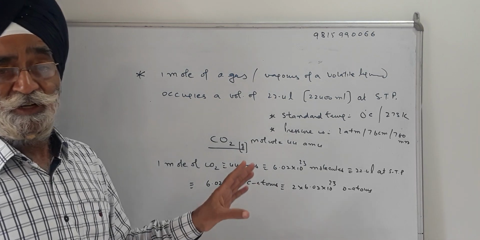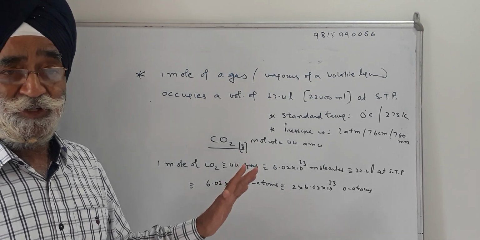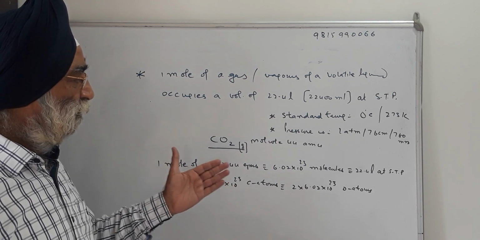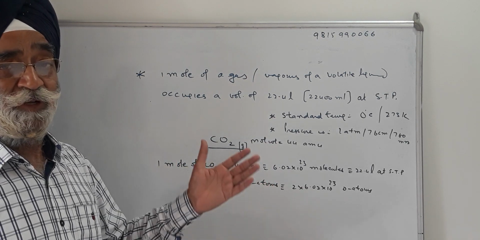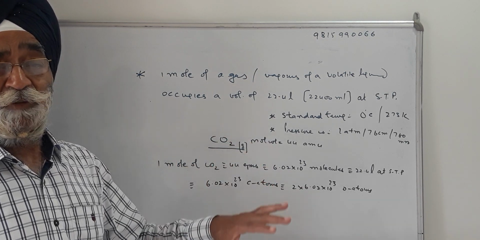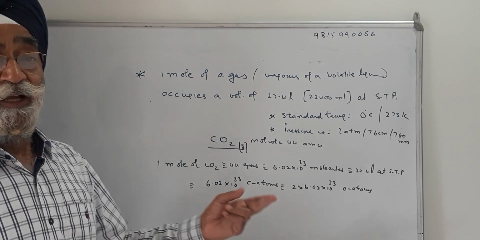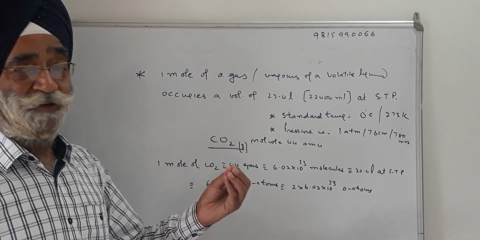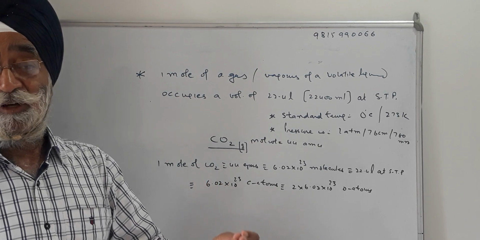Such questions are asked in competitive examinations, where we may be asked the number of carbon atoms or oxygen atoms or total number of atoms contained in a given mass or given volume of carbon dioxide.